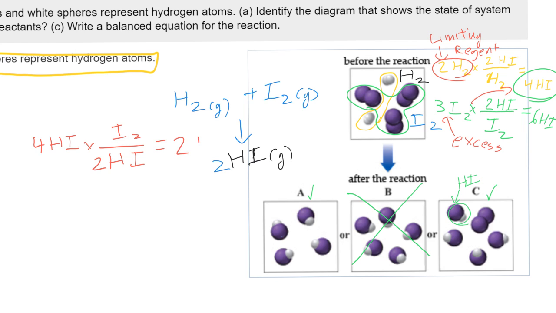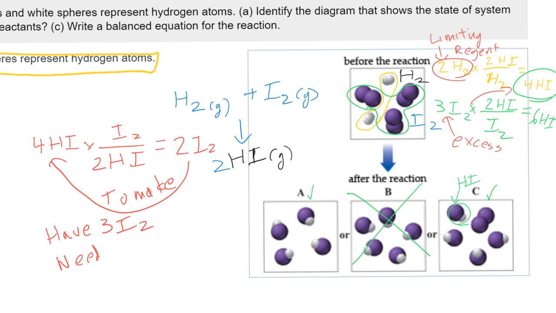So I would need 2 molecules of iodine to make my 4 molecules of hydrogen iodide. I have 3. I only need and can only use 2 because of my limited hydrogen.